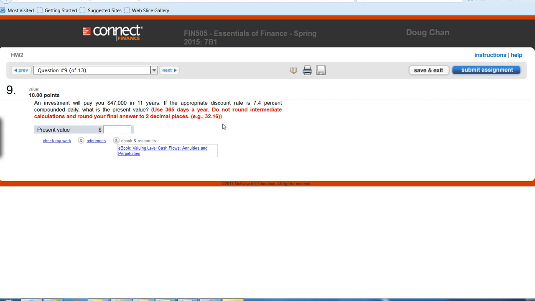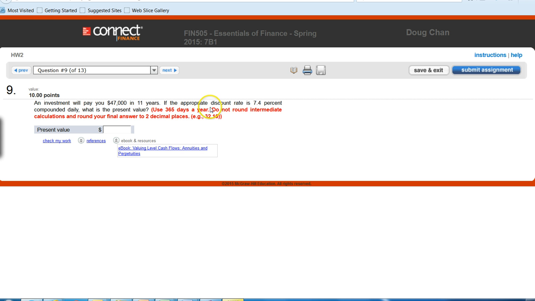So that means 7.4% here is the annual percentage rate rather than the daily interest rate. In other words, this is the annual rate. So to get the daily rate, we need to divide this number by the number of days within a year. According to the instruction, we should assume 365 days for a year. So we need to divide 7.4% by 365 to get the daily interest rate.